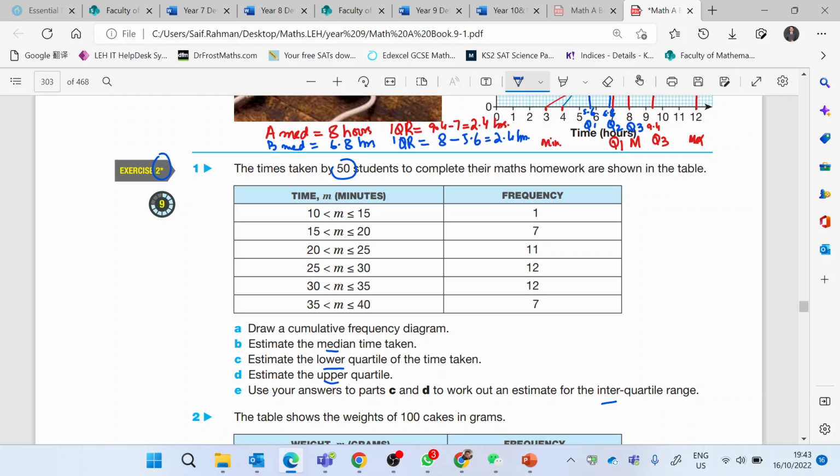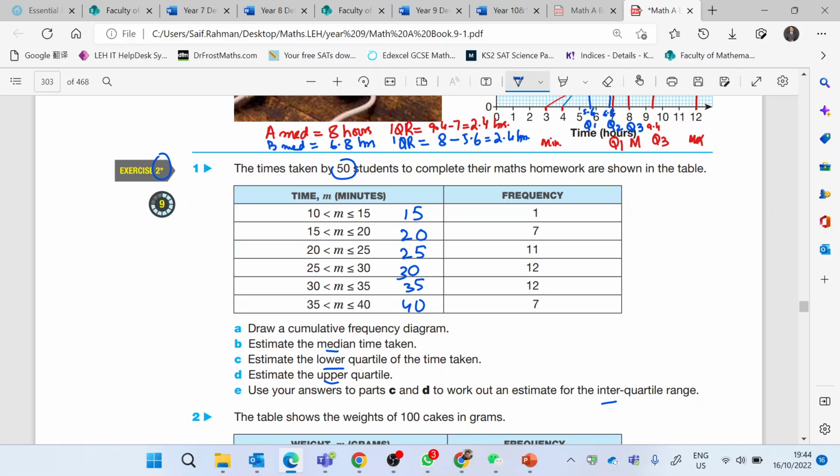That shows from 10 to 15 the frequency is 1, and here you should take the highest one, 15. Here from 15 to 20, it's 20, and 25, and 30, including 35 and including 40.